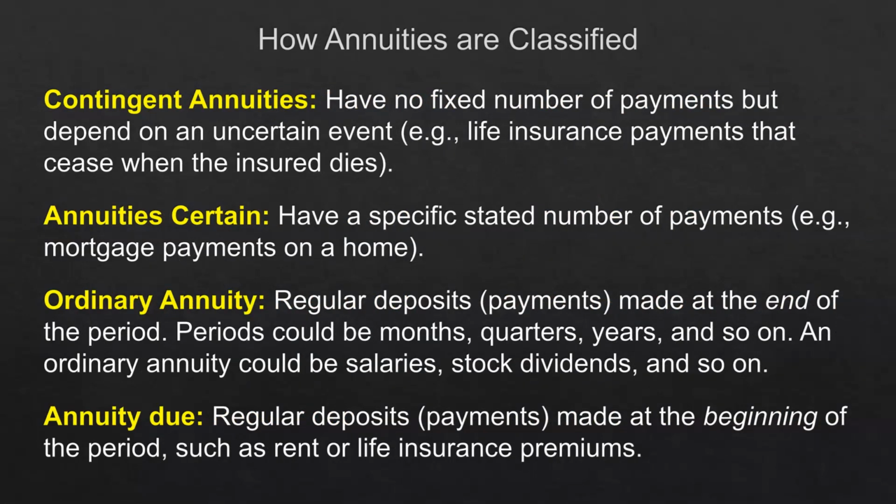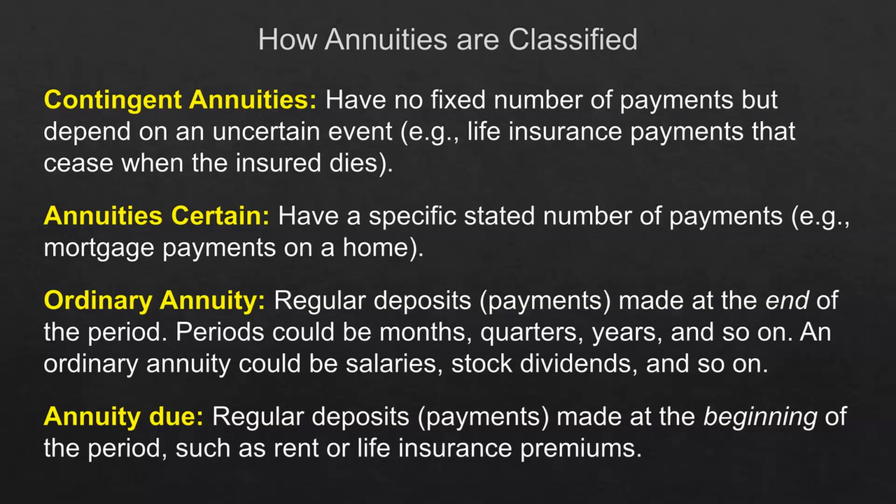For the most part we're looking at annuities where the payment is made at the end of the period or the beginning of the period, so we just have to make sure we know which one it is. Contingent annuities have no fixed number of payments but depend on an uncertain event, like a life insurance payment. Annuities certain have a specified number of payments, like mortgage payments on a home.